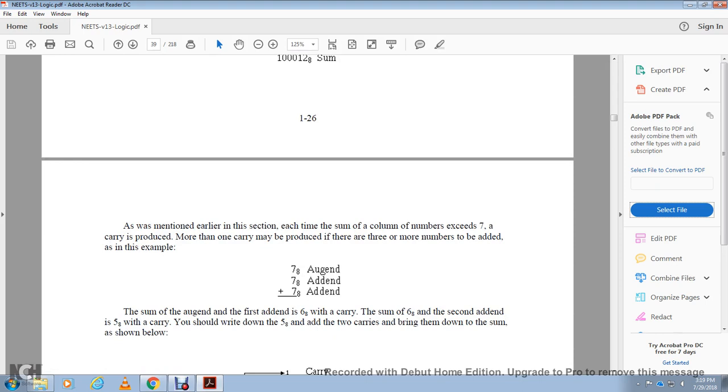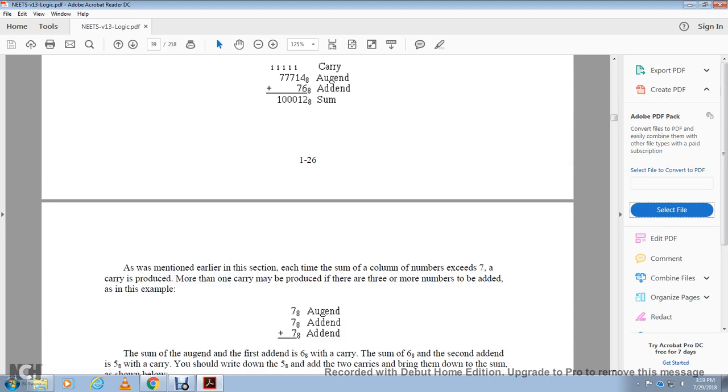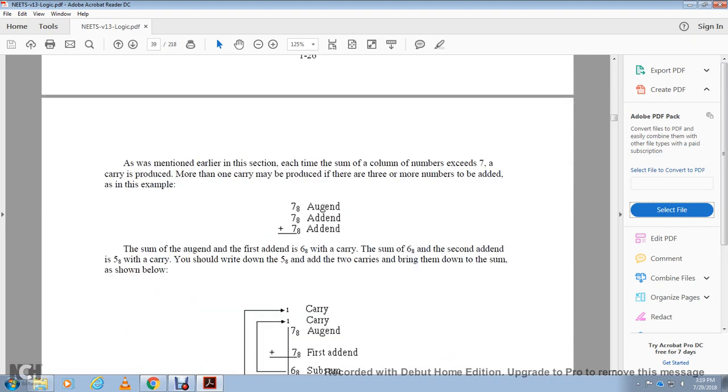As we mentioned earlier in this section, each time the sum of the column numbers exceeds 7, a carry is produced. More than one carry can be produced when 3 or more numbers are added. In the example, 7 base 8 plus 7 base 8 plus 7 base 8: the first column gives 6 base 8 with a carry.